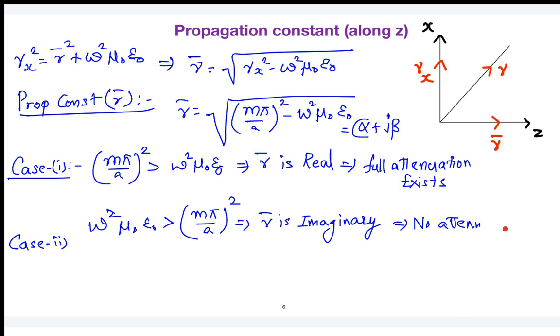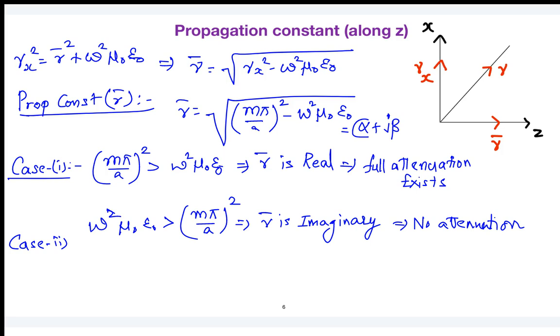Is it clear? From this, what you understand is that all the frequencies cannot be transmitted in a waveguide. Only the frequencies satisfying this particular condition are going to propagate without any attenuation. We define that starting frequency as the cutoff frequency.